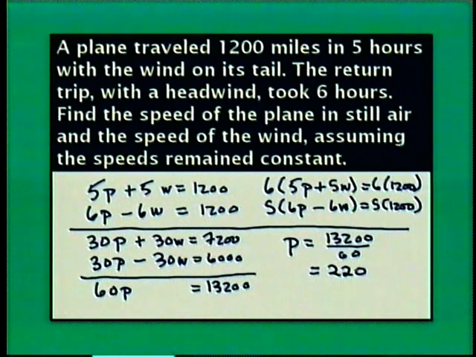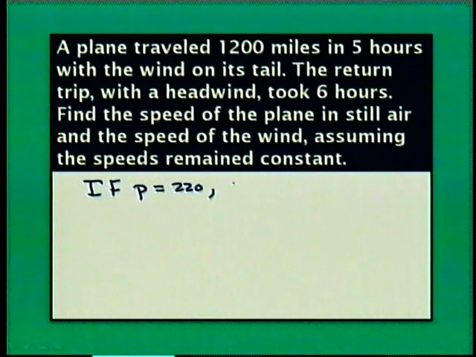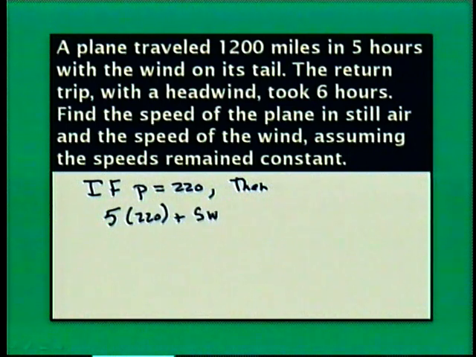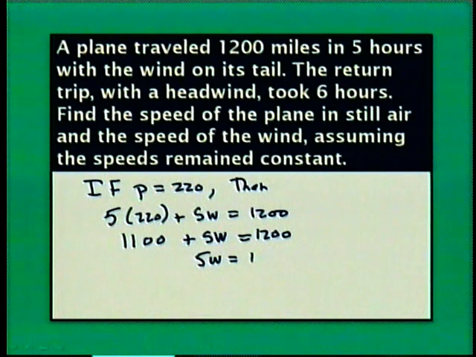So P is 220. I still need to calculate the speed of the wind, and I can use either of these equations to determine that. So if P equals 220, then using the equation 5P plus 5W equals 1,200, I can solve for W. So I have 1,100 plus 5W equals 1,200, 5W equals 100, so W equals 20.